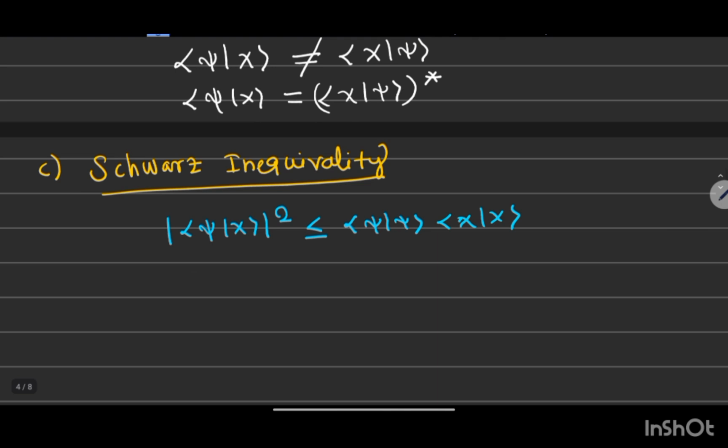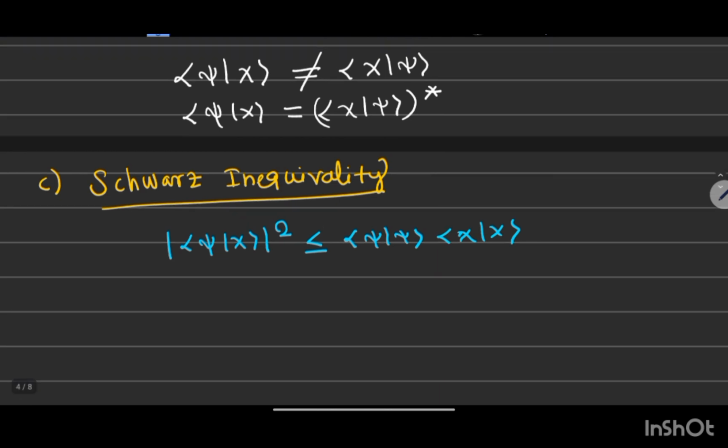What are the given psi and chi vectors? I have to write it again.